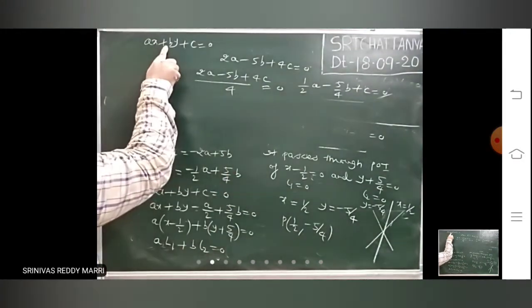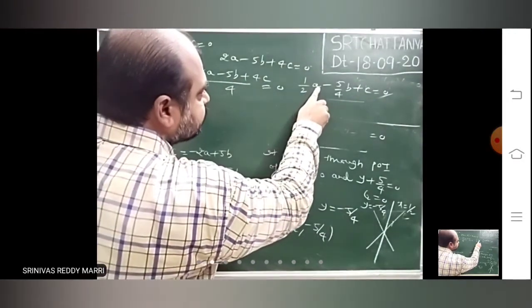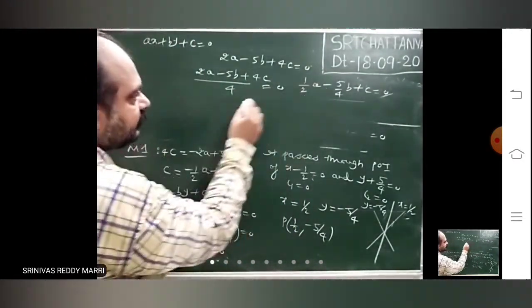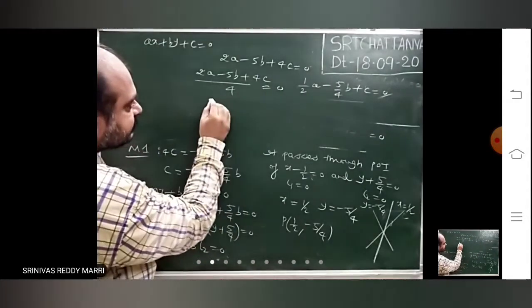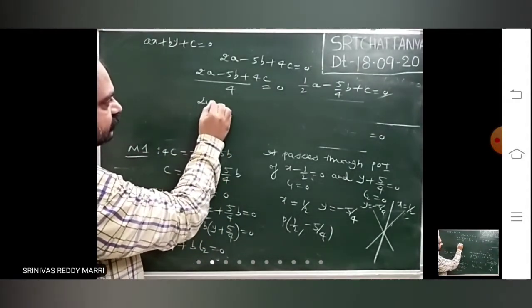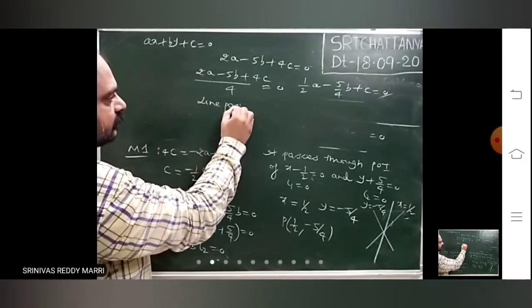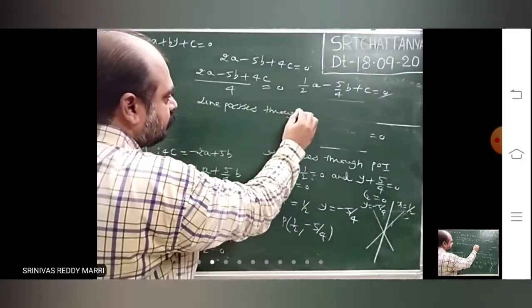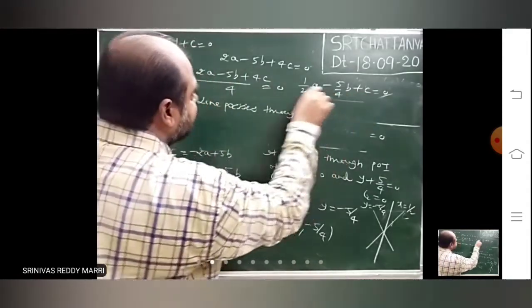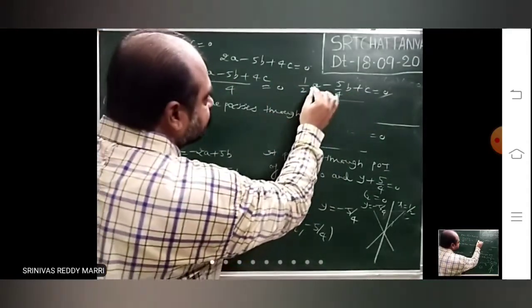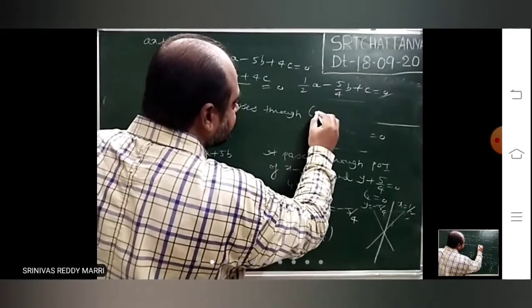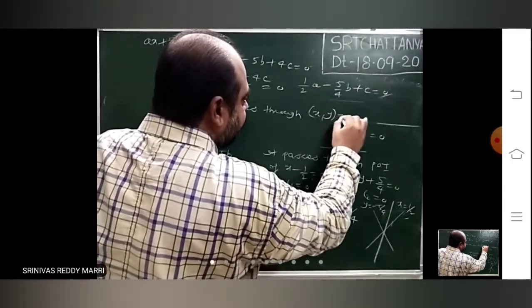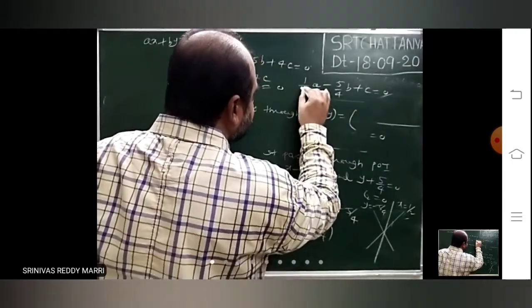So this line passes through the point with the same constant: a before x, and x comma y equals 1 by 2 comma minus 5 by 4.